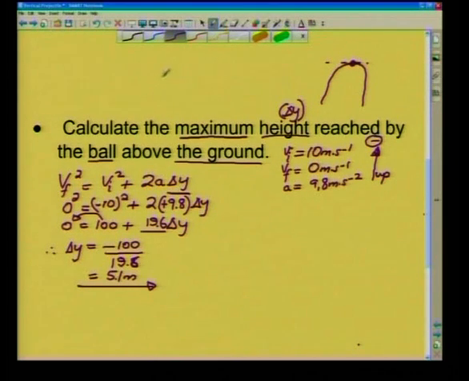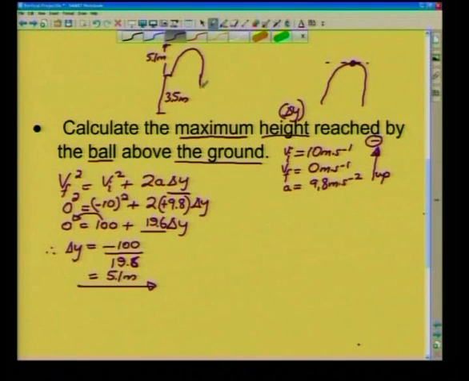So if you like, we've got this situation here. We've got this 3.5 meters. That is the height from the ground to the building. Then the boy throws this object from here, and the object goes like that. So from here to there, we have calculated it is 5.1 meters.